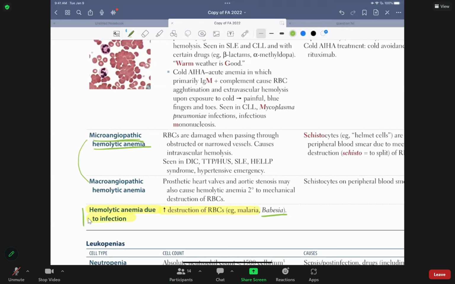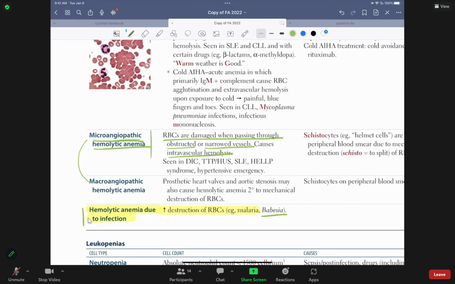That's why it's called microangio, within the blood vessel. RBCs are damaged when passing through obstructed or narrow blood vessels. Of course, because it happens in the blood vessel, it has to be intravascular, isn't it, folks?